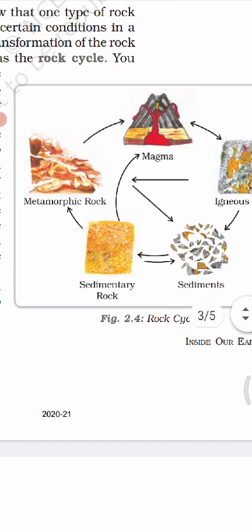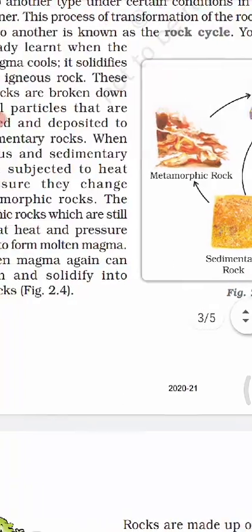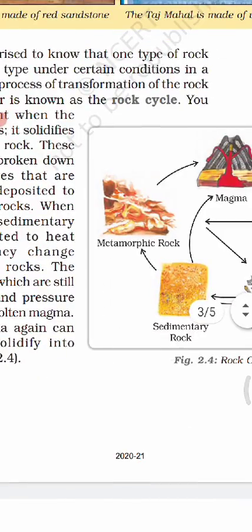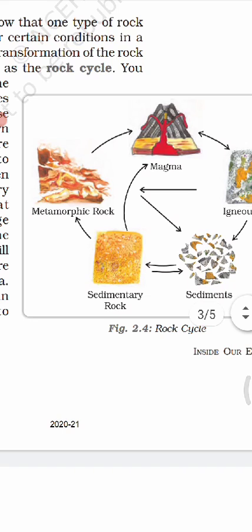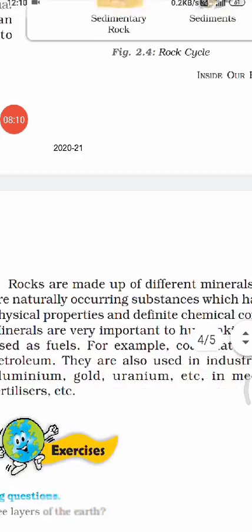From molten magma, igneous rocks, then sedimentary rocks. Then from igneous and sedimentary rocks we have metamorphic rocks, and then again metamorphic rocks change into molten magma. In this way, the cycle of formation of rocks continues. So this is about the rock cycle. Now let's move on.